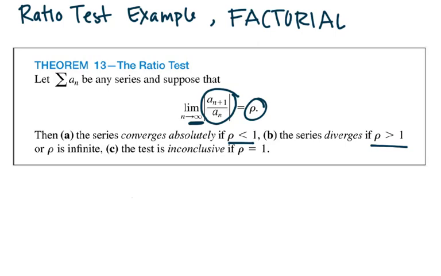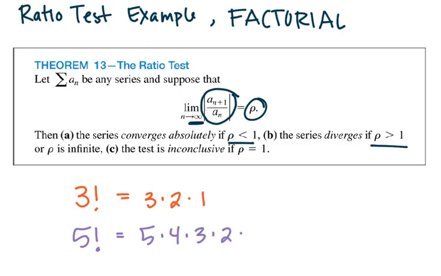And if rho equals 1, the test is inconclusive. Just a reminder what a factorial is. 3 factorial means 3 times 2 times 1. Similarly, 5 factorial would be 5 times 4 times 3 times 2 times 1.